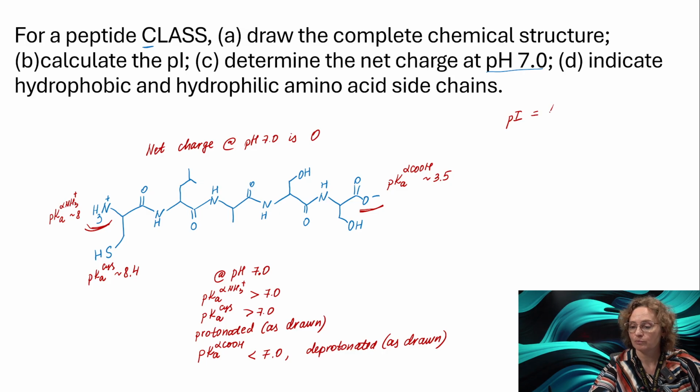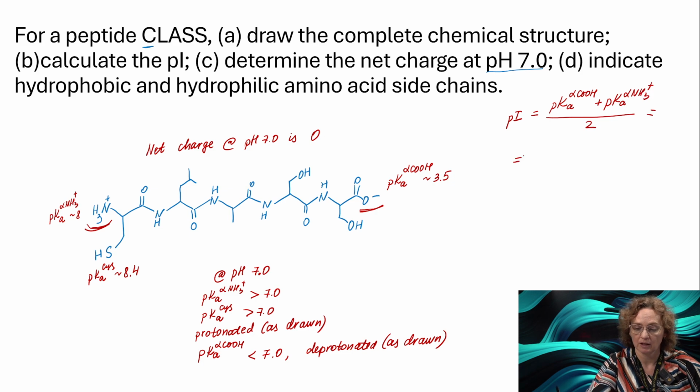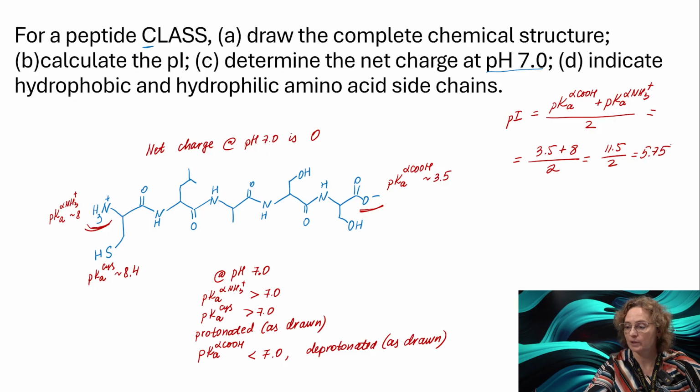So based on that, we are averaging the pKa's for the alpha carboxyl group and the alpha amino group, and that gives us the value 5.75, right? Close to 6.